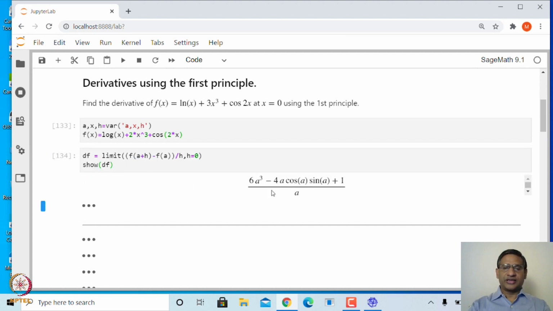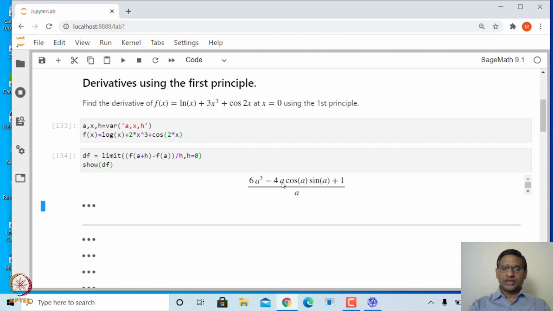So, in this case the limit of this difference quotient, (f(a + h) - f(a)) divided by h, as h goes to 0, is 6a cube minus 4a cos a sin a plus 2, divided by a. If you cancel a, what you are left with is 6a square minus 2a cos a sin a, which is sin 2a.